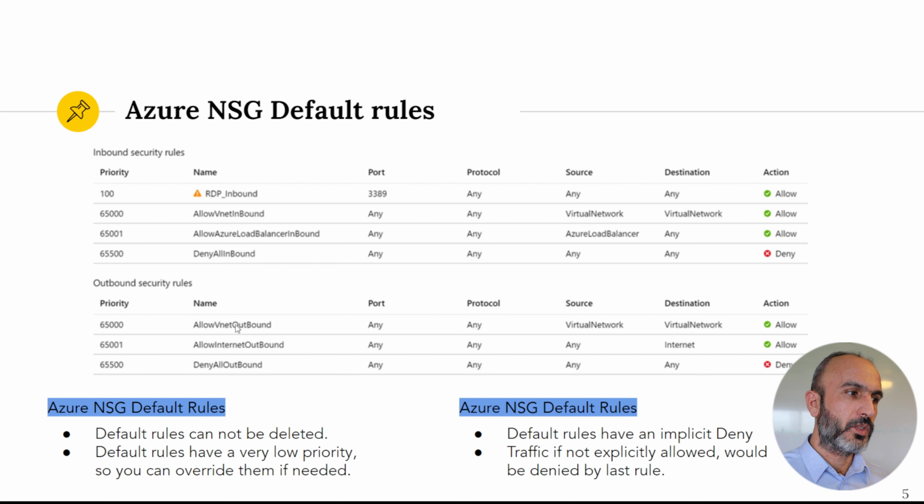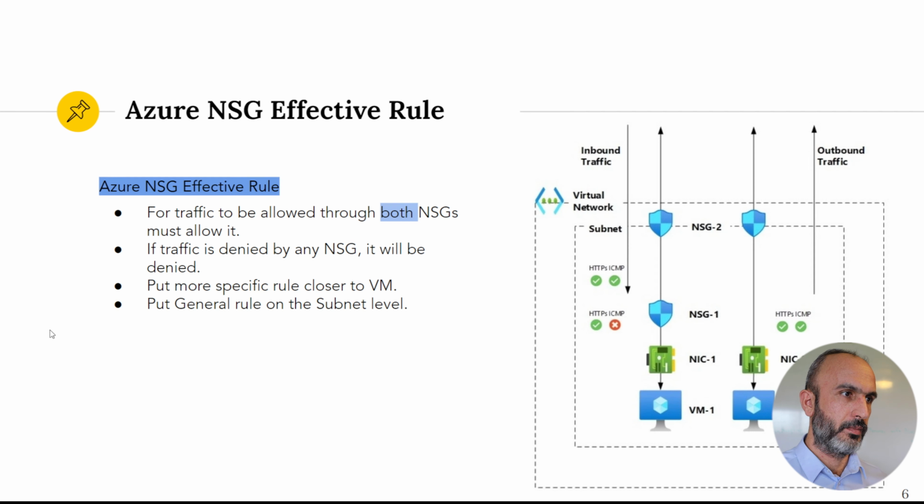And for the outbound traffic, we've got another rule to allow all outbound VNet traffic, and also allow your virtual machines to reach the internet, which is what allow internet outbound is used for. And then finally, the implicit deny again with the deny all outbound.